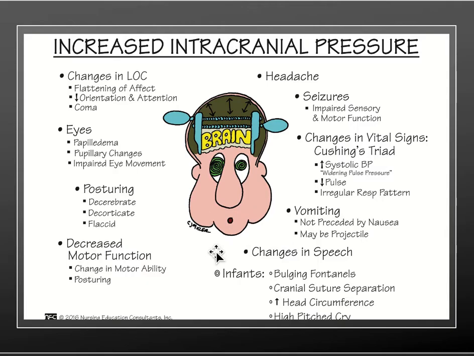Do they have any sort of posturing going on? We're going to talk about posturing, okay? Decerebrate, decorticate, flaccid posturing. Flaccid posturing is very common after strokes. Are they responding to motor commands? Are they responding to the commands, but also are they able to do things like squeeze your fingers, okay?